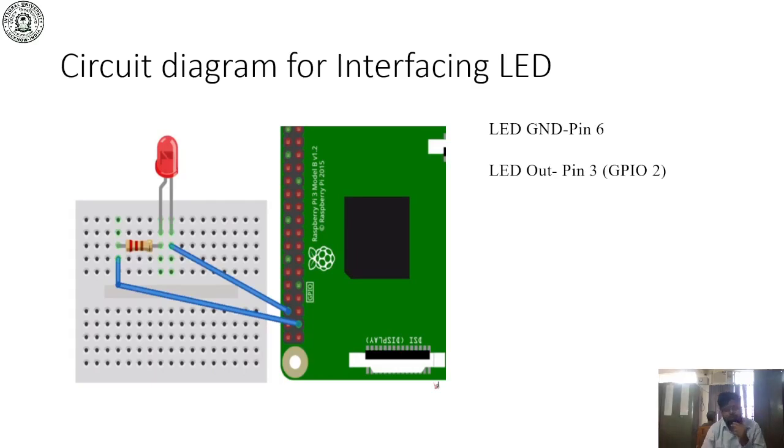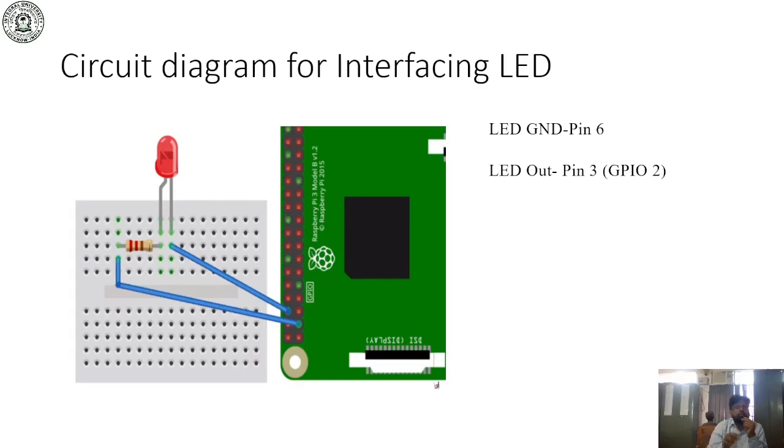Simply connect the positive point of the LED to GPIO pin number 2, that is board pin number 3. Here you can see this is pin number 1, pin number 2, pin number 3. So this is board pin number 3 and GPIO pin number 2.